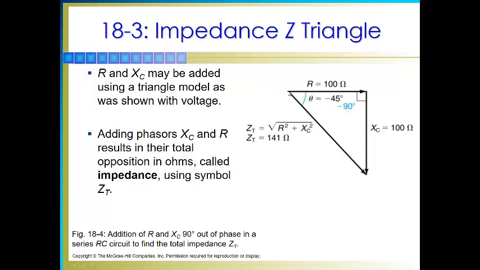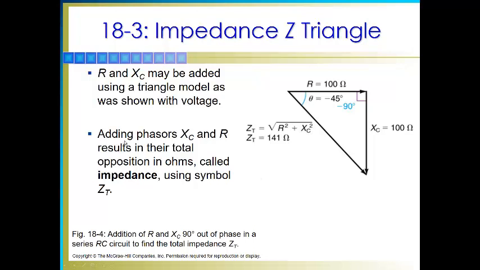We have to measure from here to here, and that would be the sum of these two phasors. When we do that, we must use the Pythagorean theorem to find this out. So the total impedance would be the square root of the resistance squared plus the capacitive reactance squared.